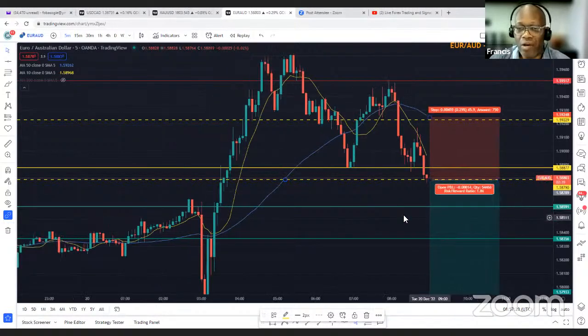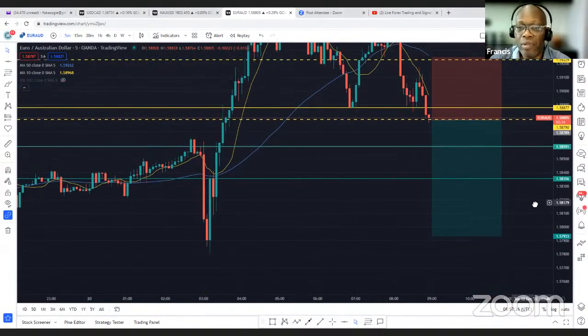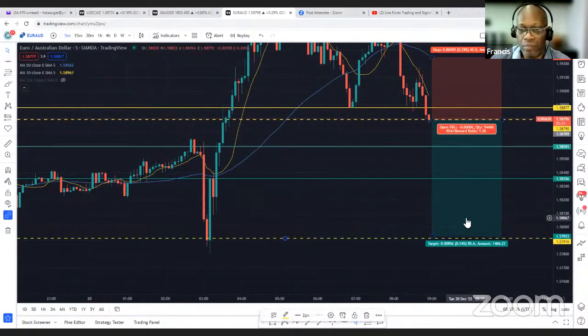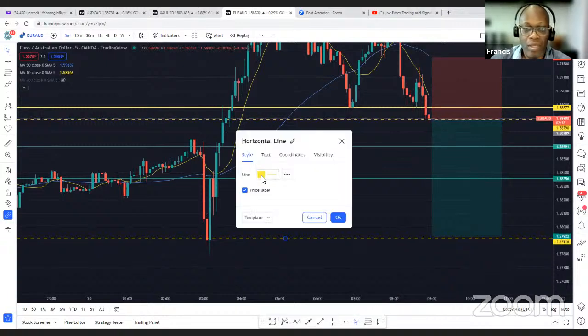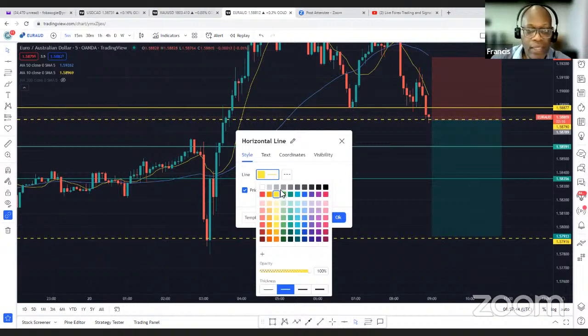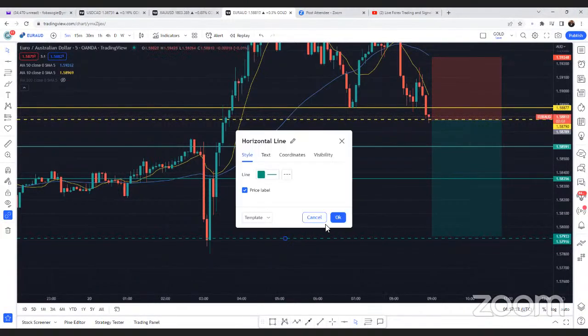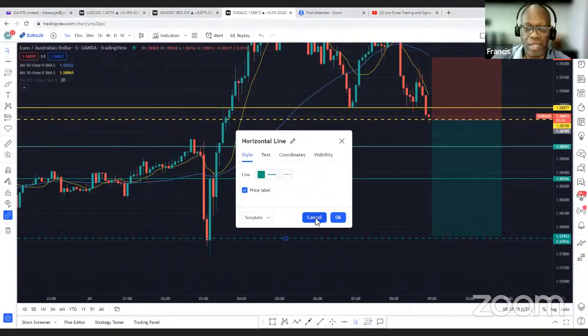Okay, so I'm in this trade now myself. I've entered Euro Aussie dollar for a sell. Please, where should we put a stop loss? Okay, just 1 minute. I will let you know.